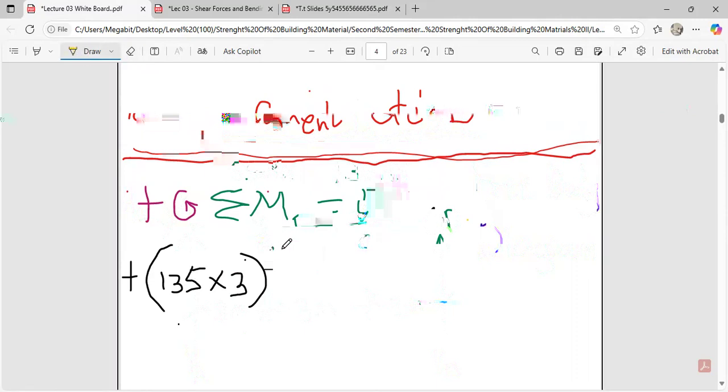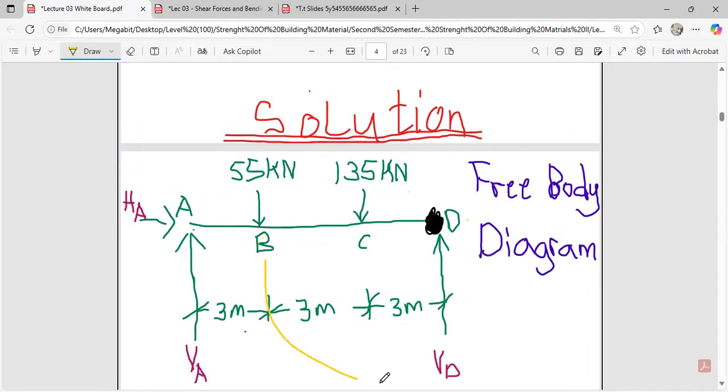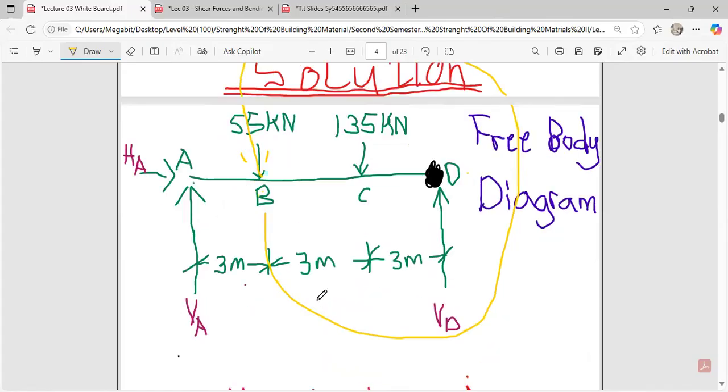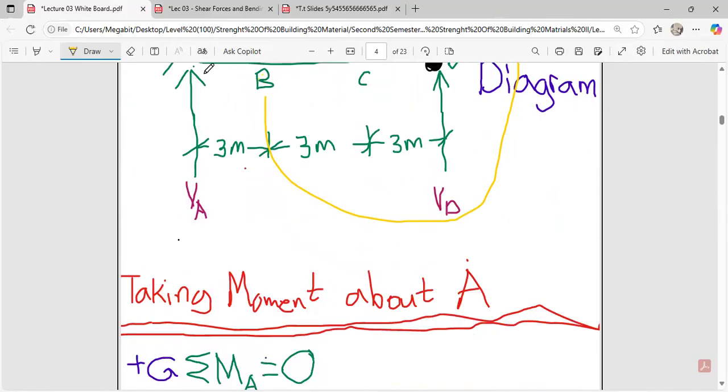If we are still standing at D, you follow the direction of this arrow, you're going to take an anti-clockwise moment, and at the end of the day, it's going to be 55 times 6, that is 55 kilonewton times 6 meters, and it's also going to be positive.